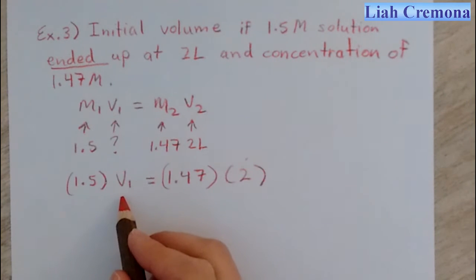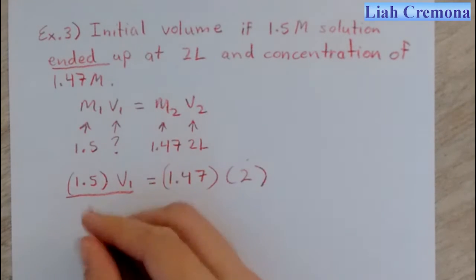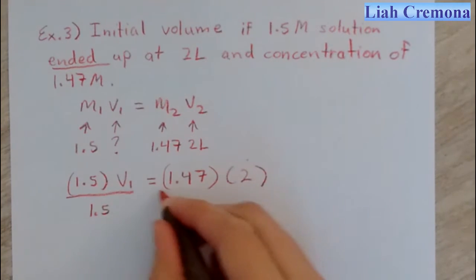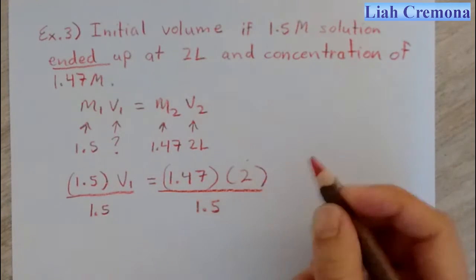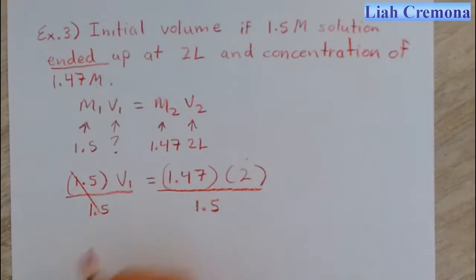To isolate the initial volume, V1, on the left side, we divide both sides by 1.5 in order to cancel out 1.5 from the left side.